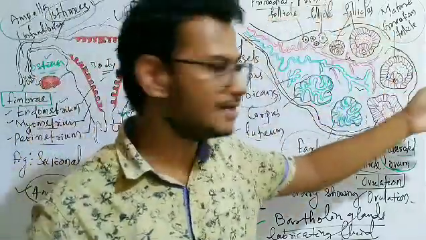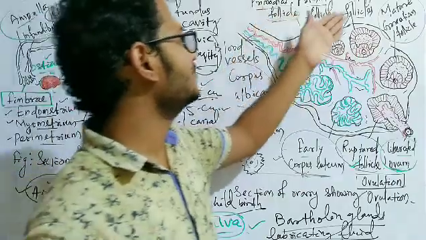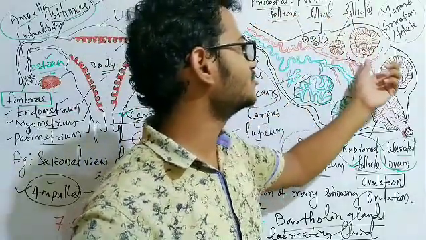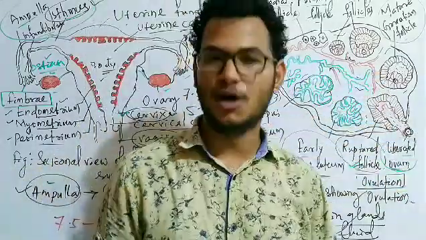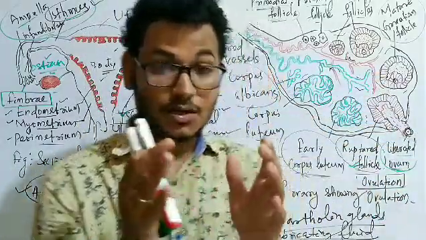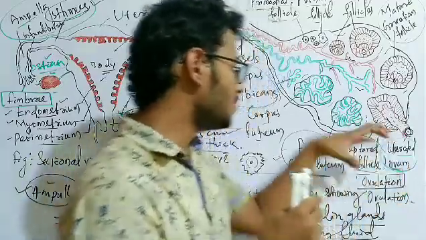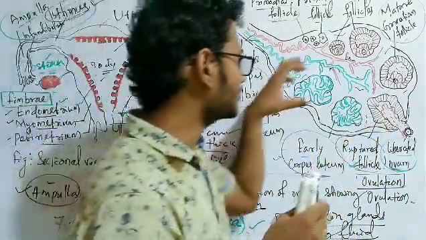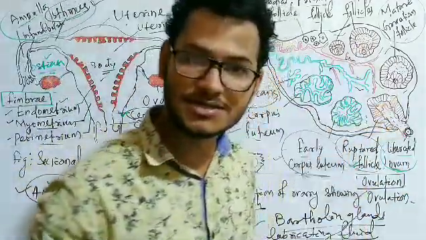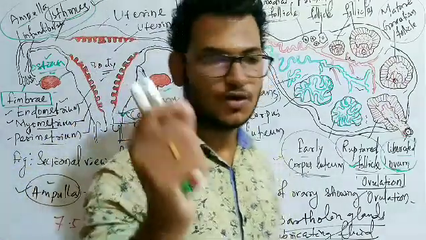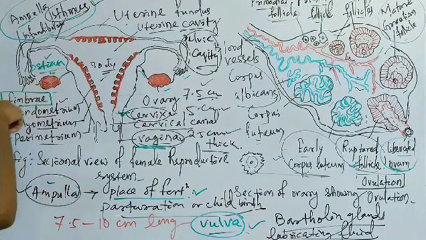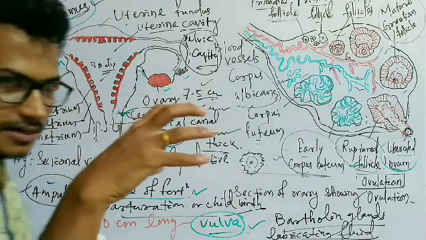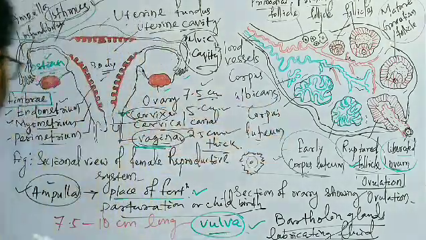Some of the primordial follicles mature to primary follicles, and they develop gradually to form the mature Graafian follicle, which liberates the ovum. The ovum is collected after the rupture of the Graafian follicle. The ovum is released from the ovary and is collected by the ostium, and the finger-like projections help in collecting the released ovum.